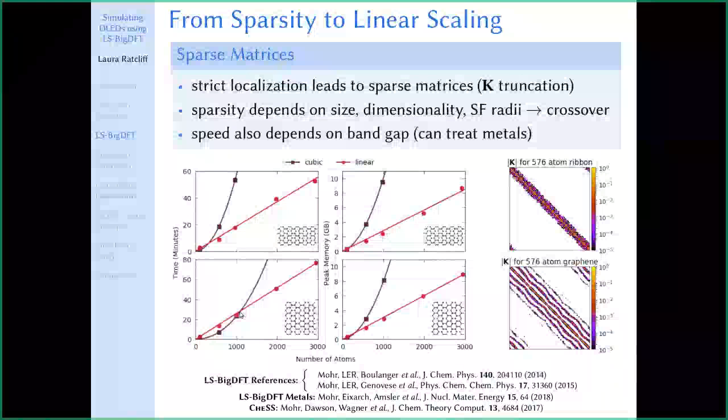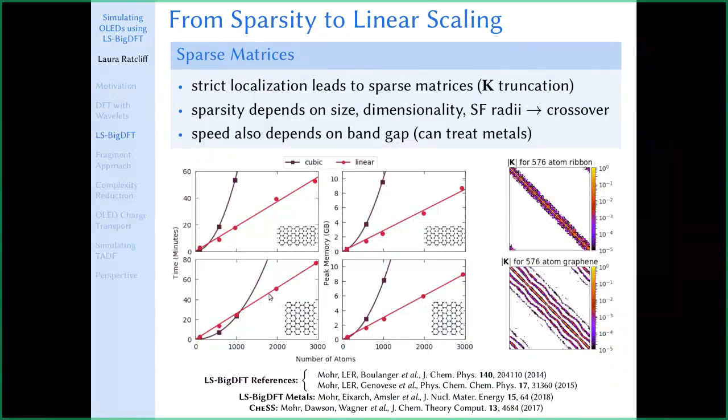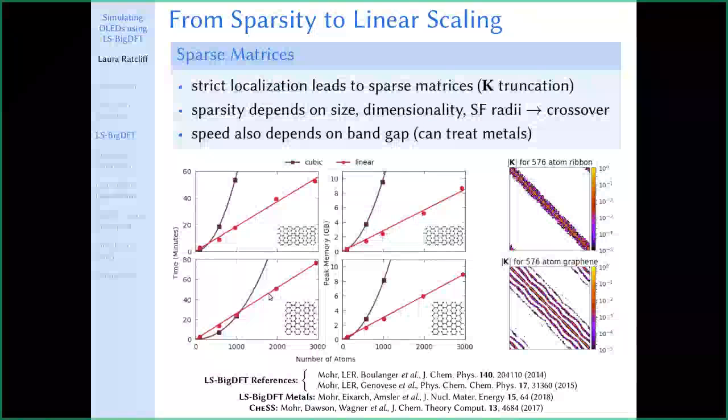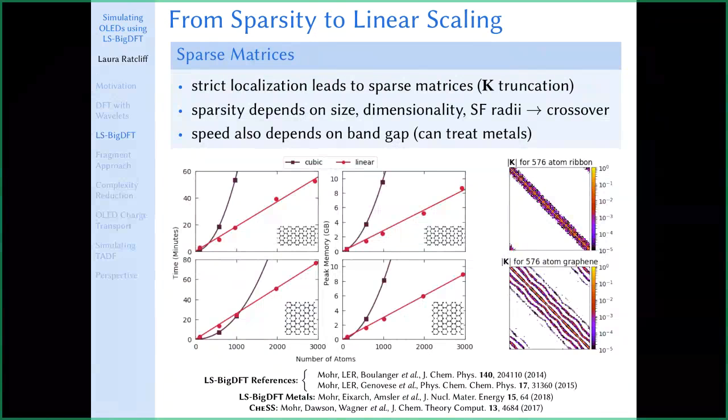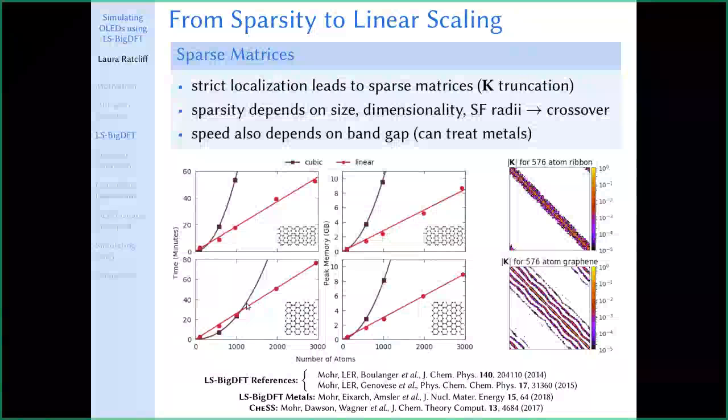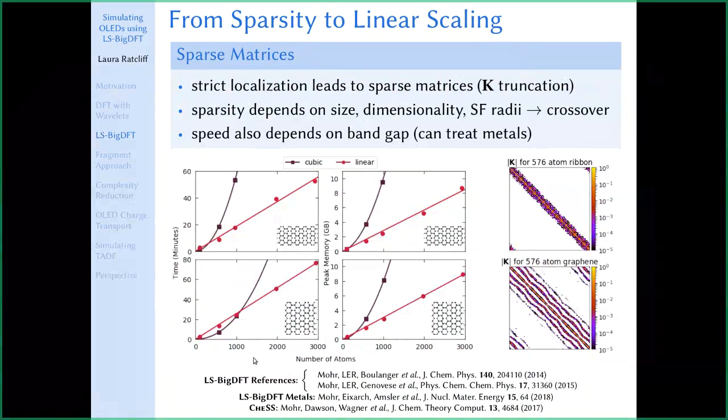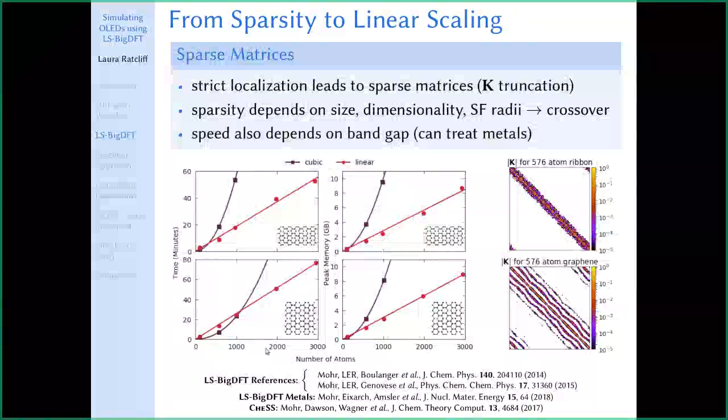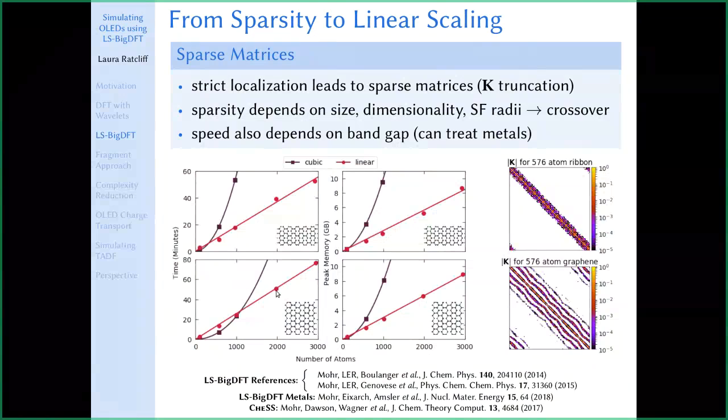If you go to something fully periodic, the crossover is going to get even higher, particularly if it's a difficult system for linear scaling DFT. Even bulk silicon, for example, which is very friendly for cubic scaling DFT, is not so well behaved for linear scaling, and the crossover might be much further towards 2000 atoms.